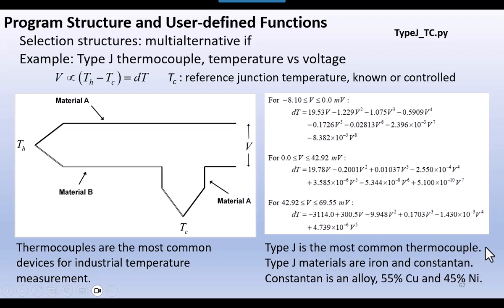Another very common one is called a type K. And the alloy materials or metal materials for one of them is iron, and the other is an alloy called constantan. And constantan is a copper-nickel alloy with those percentages.